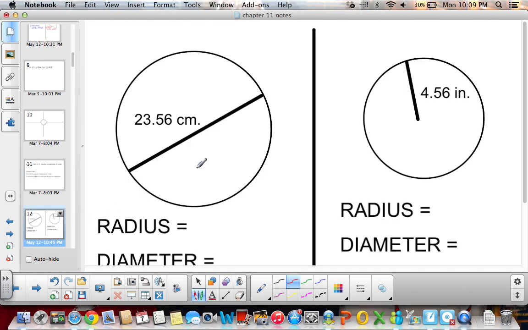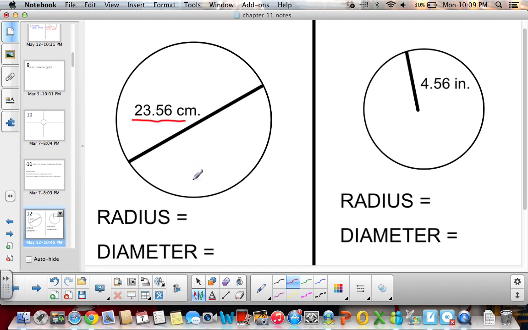So just to refresh our memories, the diameter is the length between the inside of one side of a circle to the other. So this is the diameter, it's the whole length across. The diameter of this circle is 23.56 centimeters.